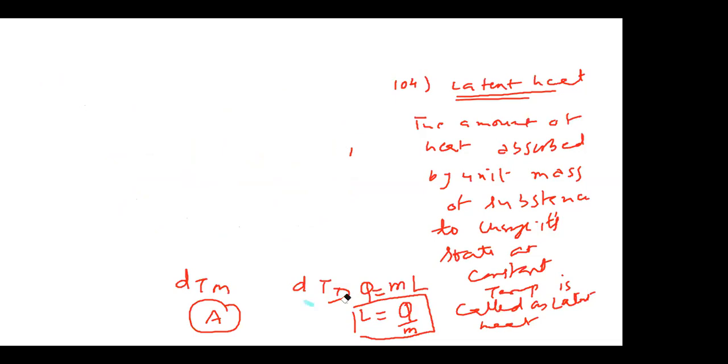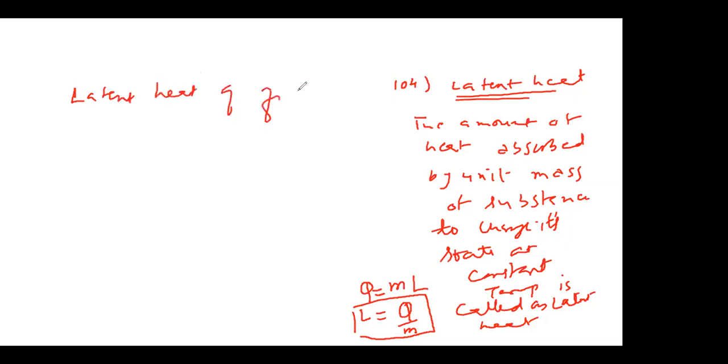जरा मैं आपको खाली water के लिए value दे देता हूँ, so that you remember two values for water. Latent heat of fusion of ice is equal to 80 kilocalorie per kg.